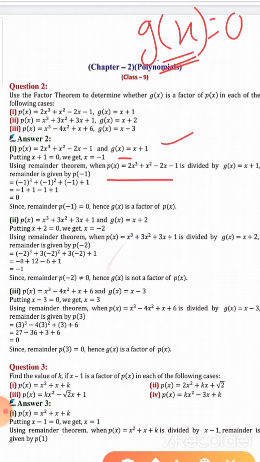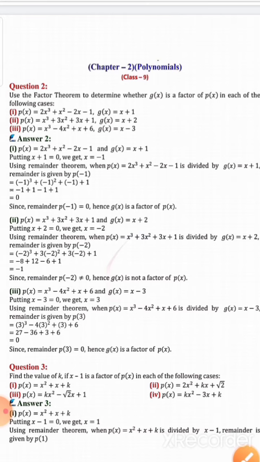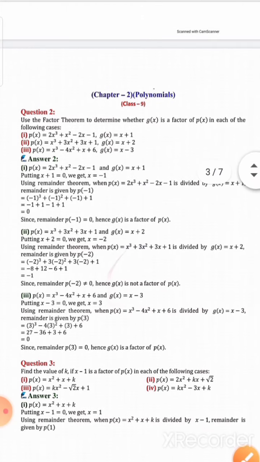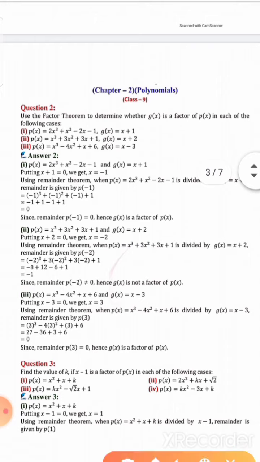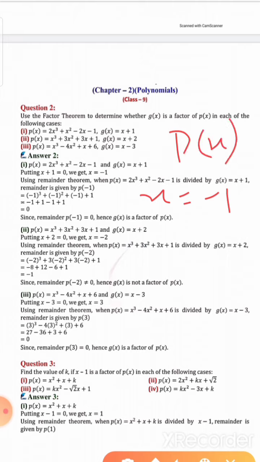Using the remainder theorem, when p(x) = 2x³ + x² − 2x − 1 is divided by g(x) = x + 1, the remainder is given by p(−1). Substituting the value x = −1 in our polynomial p(x), we get the value of p(−1).